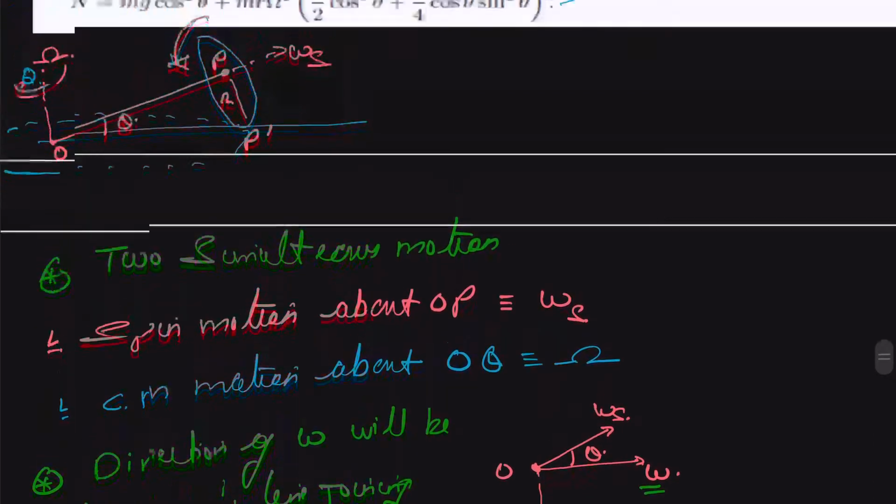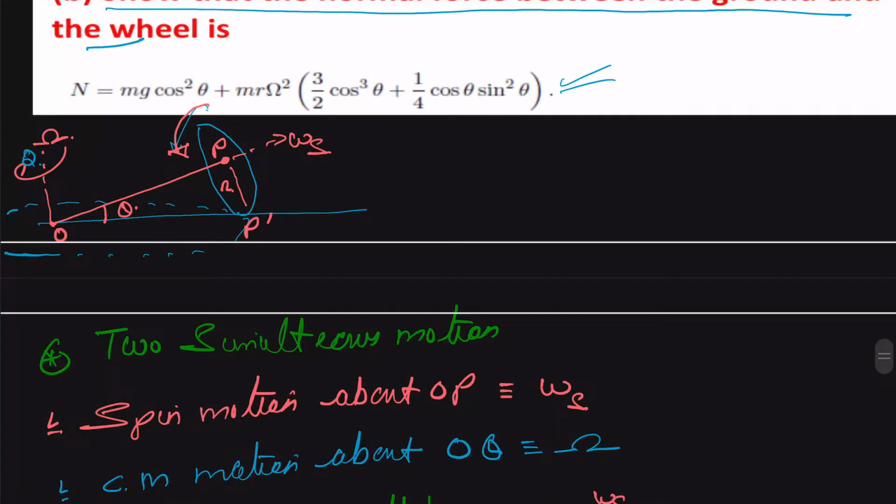Okay, so it means we are having 2 points of rest at this particular moment where the figure is drawn. One point of rest is our O, the other point of rest is our P prime. So the omega is going to be in this direction.